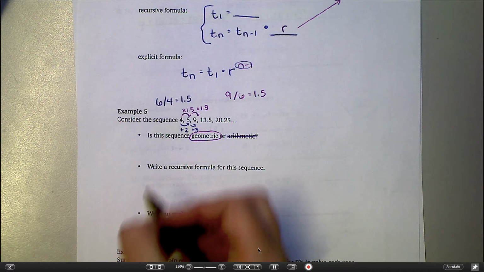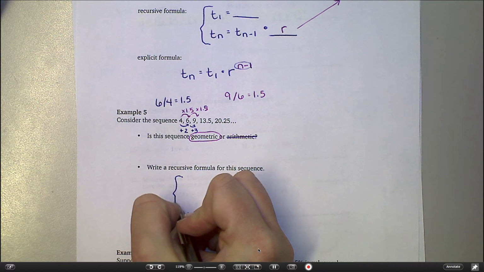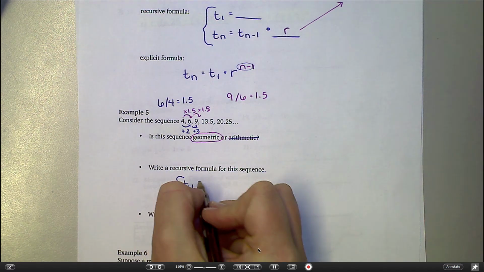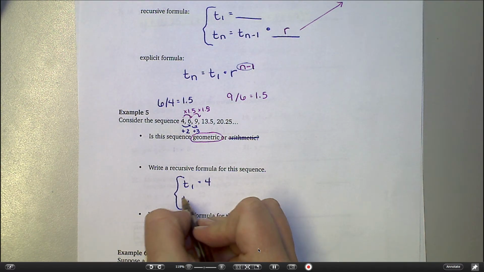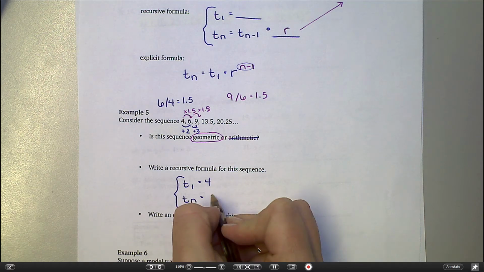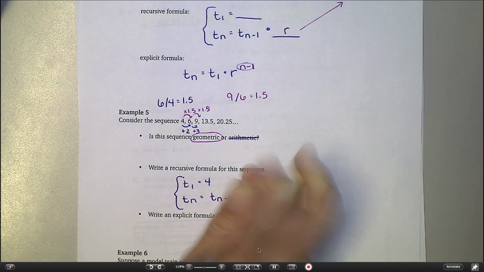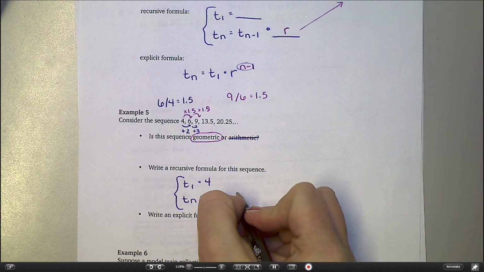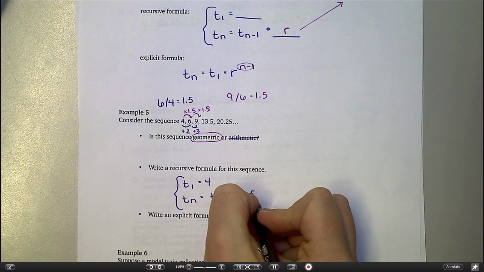Okay, so a recursive formula, we're pretty good at this by now. Term 1 is 4. Term n would come from taking the previous term and multiplying by 1.5 over and over again.